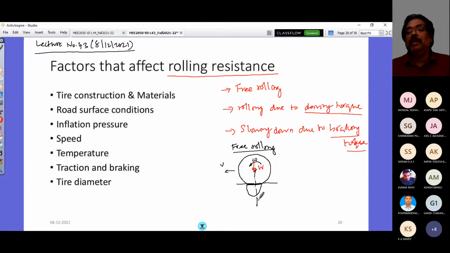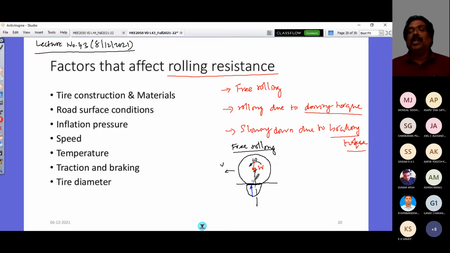That won't be on this line, it would be slightly in the forward direction. So in a practical case, the free rolling tire would have its normal pressure in the front half of the contact patch more than that in the rear half as it starts rolling.